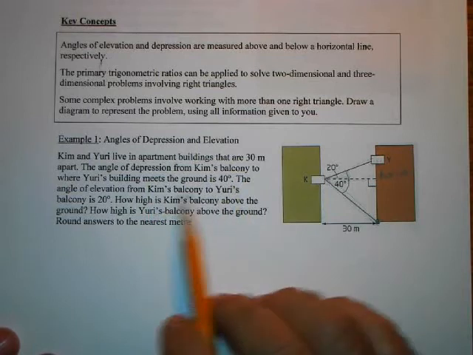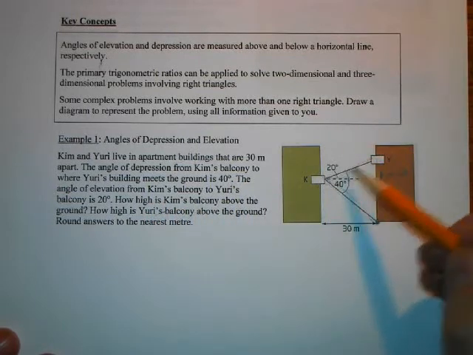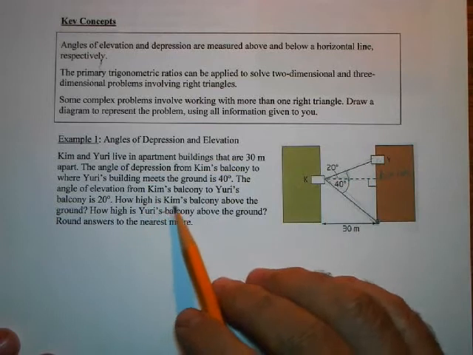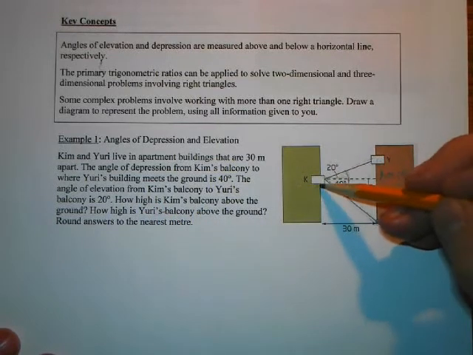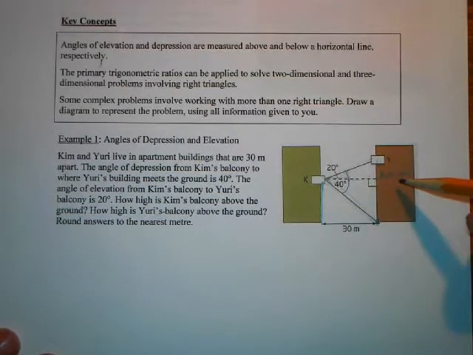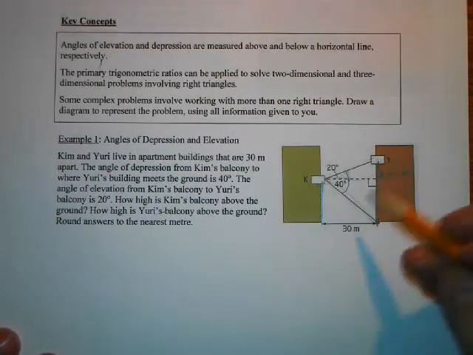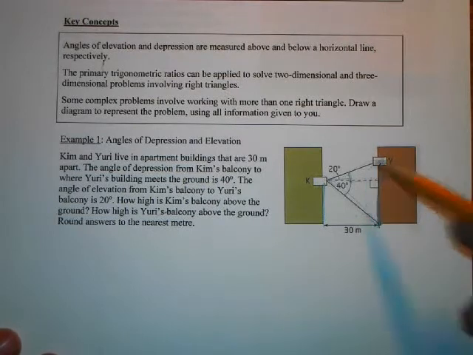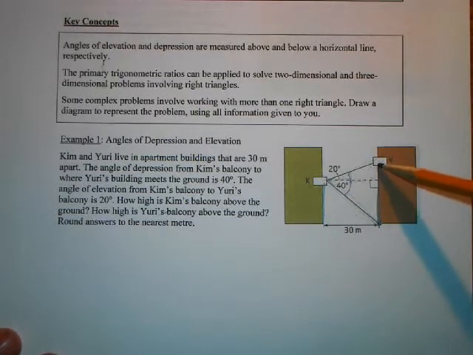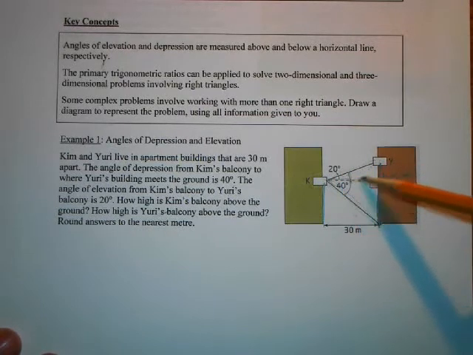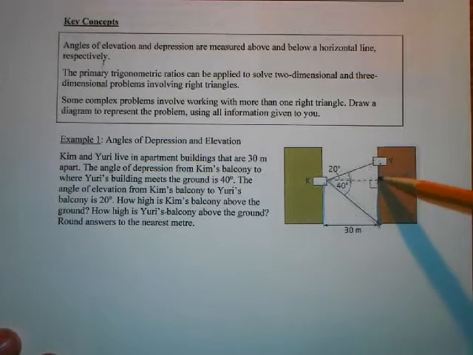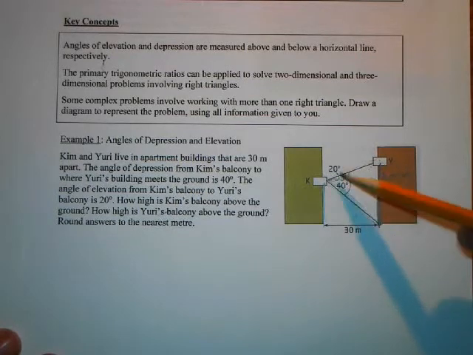The angle of elevation from Kim's balcony to yours is 20. We just did that. How high is Kim's balcony above the ground? So basically we want to know that height. And how high is Yuri's balcony above the ground? So we want to know that height too. Okay, so now in terms of these two triangles, you can kind of see that this line from the bottom triangle is the same as this.